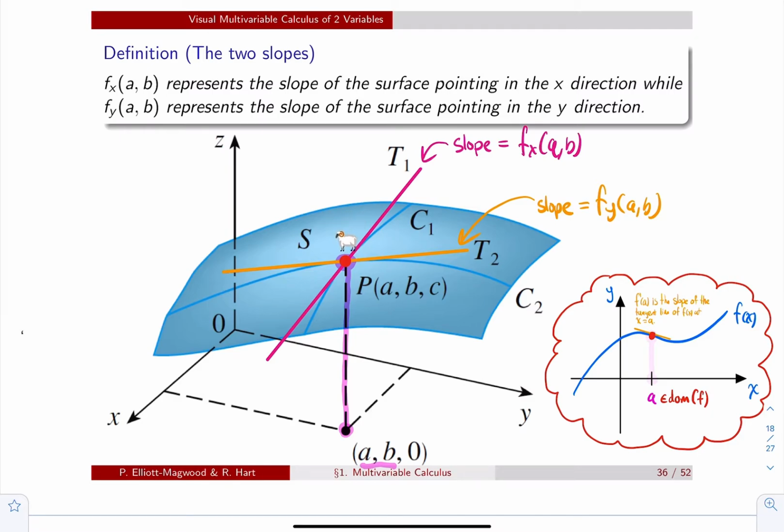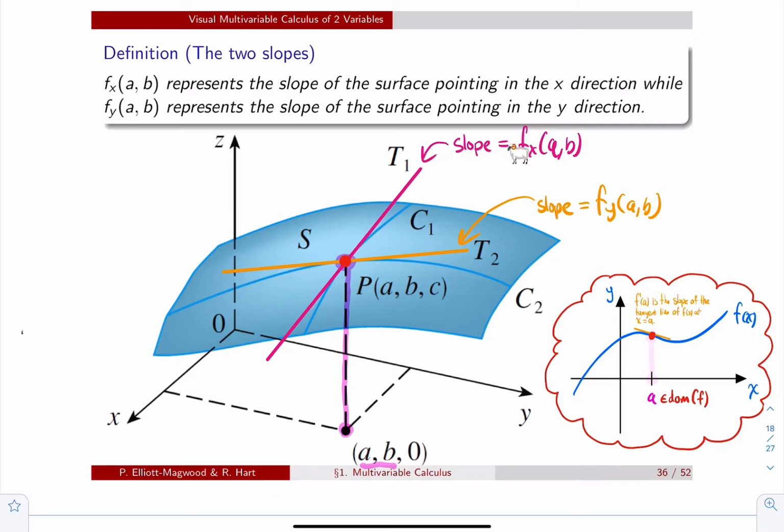Now, if you are computing, for example, f sub x at (a, b), the number that you get is represented here by the slope, as if the goat is going to travel in the same direction as the x-axis. So if the goat moves parallel to the x-axis, then it's going to face a certain slope, and that slope is computed by f sub x at (a, b).